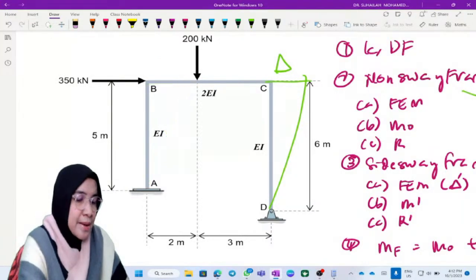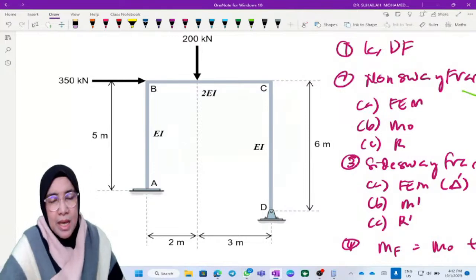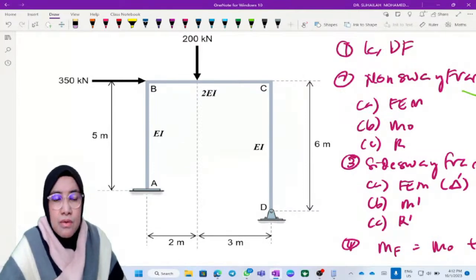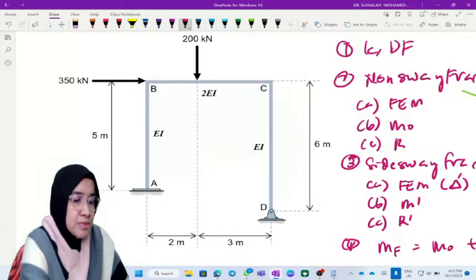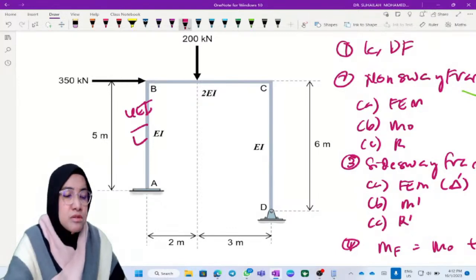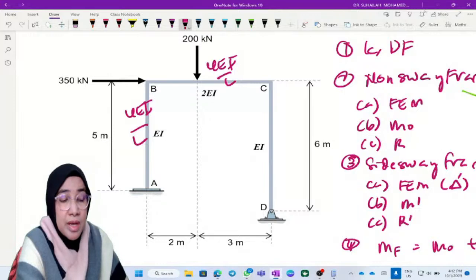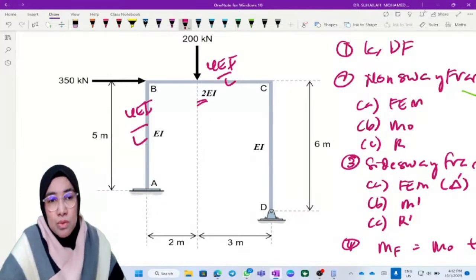Based on this diagram, between A and B we use 4EI over L. And between B and C, because both are internal, we use 4EI over L, and don't forget BC has 2EI, so we have to multiply by 2.